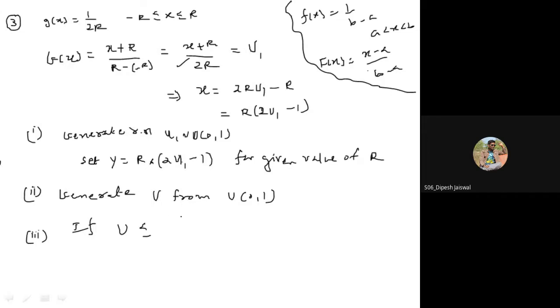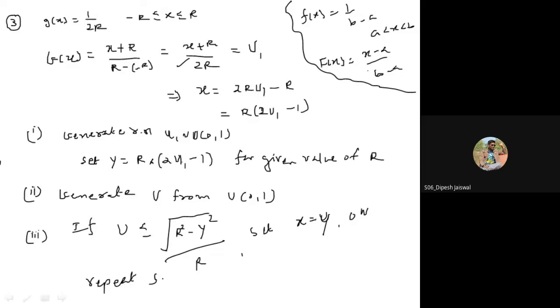Okay, it is u less than equal to square root of r square minus y square upon r, set x equal to y, otherwise repeat step 1. ठीक है? Any questions, anyone?